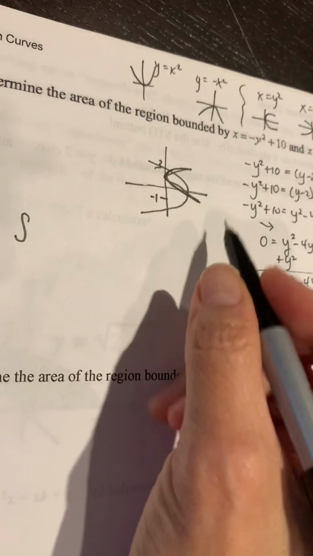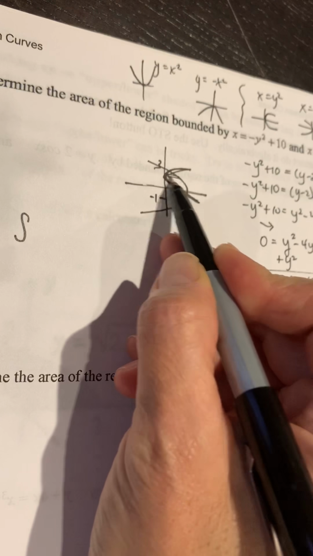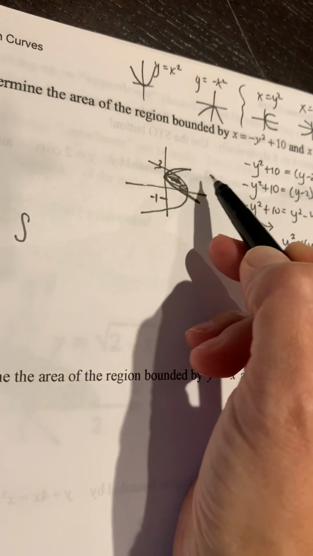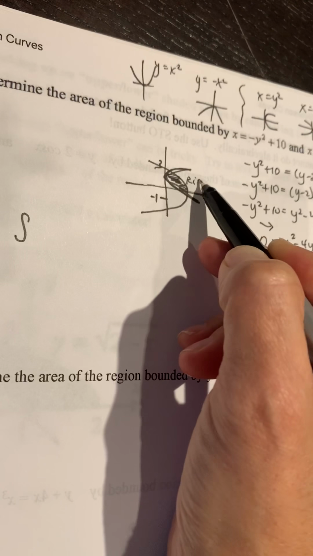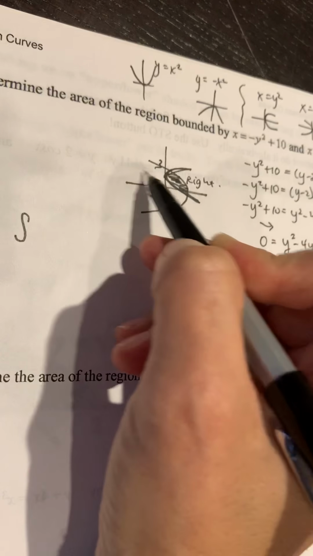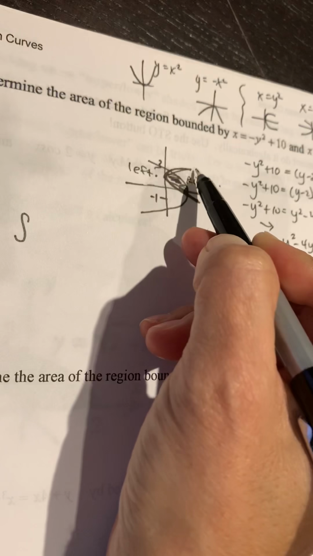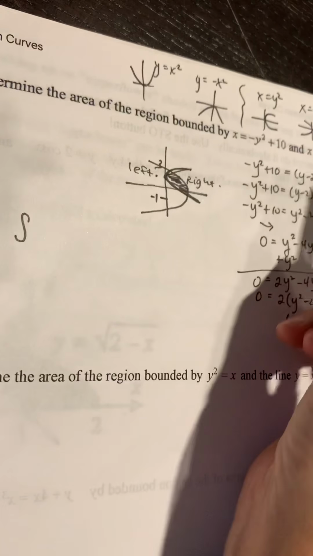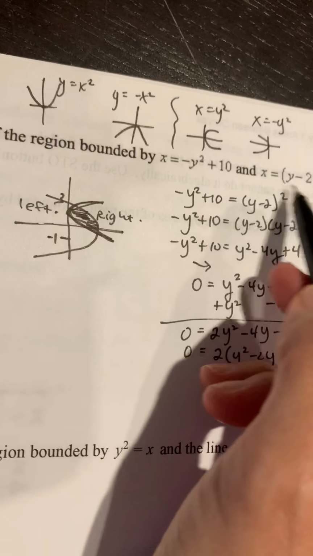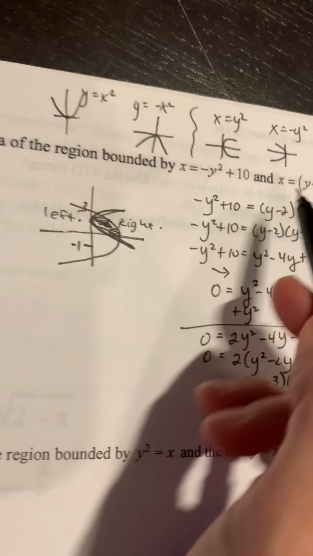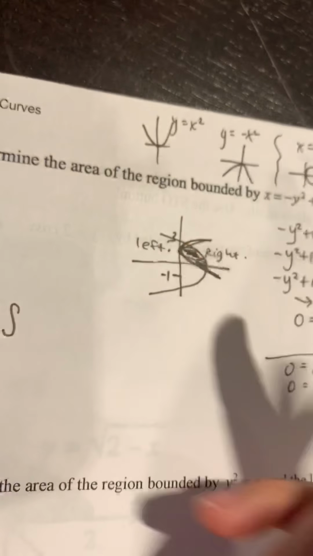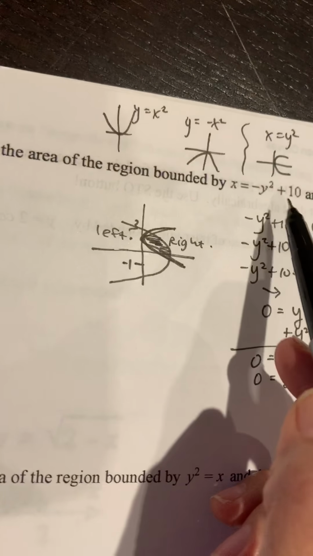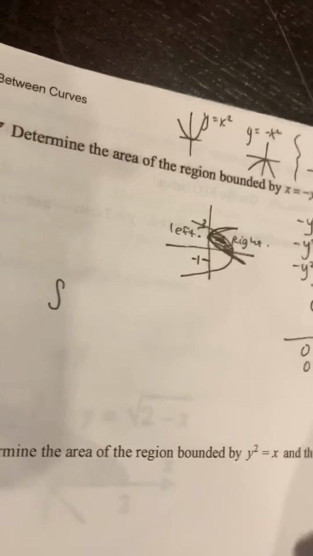Okay, ultimately this is what we're looking at. We've got the integral, and now it's not top and bottom, it's right and left. This is the one all the way to the right, and this is the one all the way to the left. So the one all the way to the right is this one that doesn't have the negative, and the one all the way to the left, what would be quote unquote the bottom function, is this frowny face one.